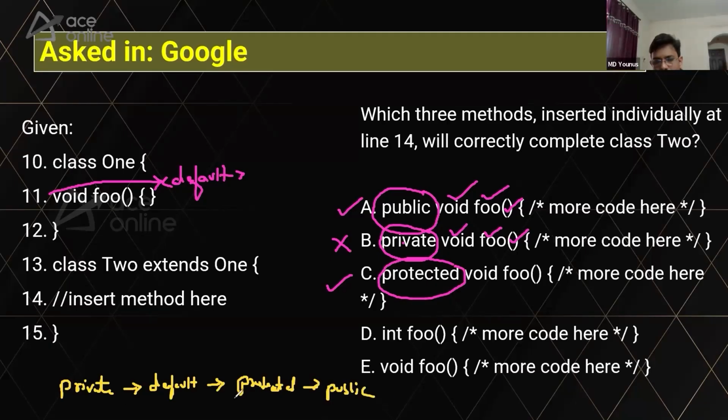So this is the order: private is the most restricted, then default, then protected, and then public. Default cannot be accessed outside the package, whereas protected can be accessed outside the package by child classes. So protected is less restricted than default, and this is allowed because protected is not more restricted. Clear for all? That is why option C is allowed.